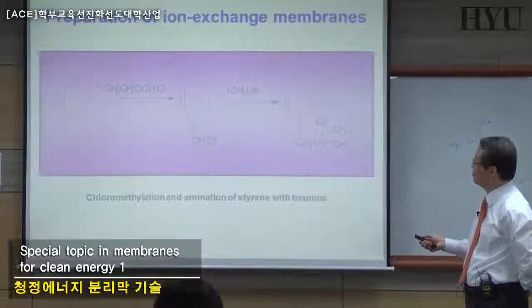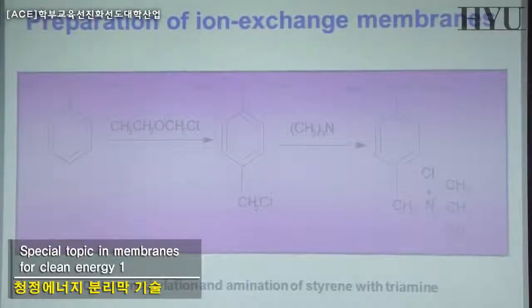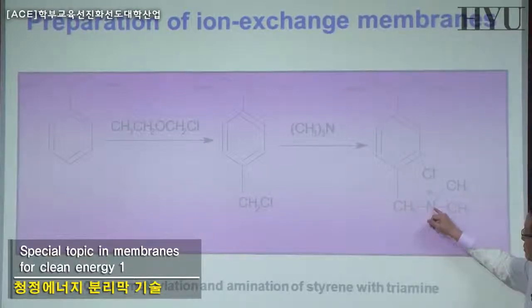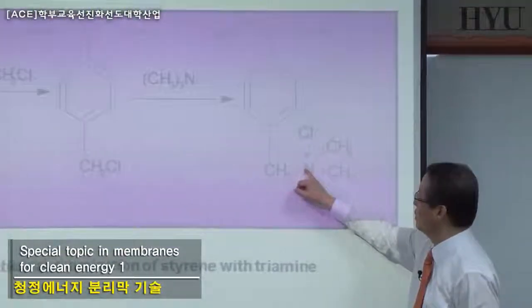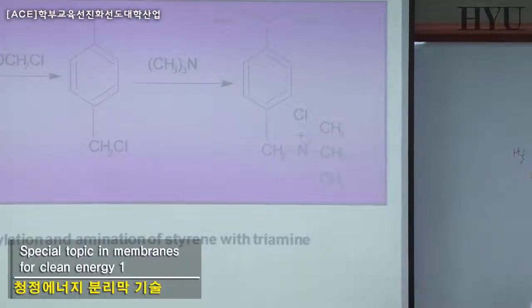So you should have the chloromethyl ether here as a reacting group, and form the methylene chloride on the para position. And if you replace this with trimethylamine, then you can form the amine-containing AEM, because you have a positively charged fixed charge, and you can move the anion, so this is called the anion exchange membrane.